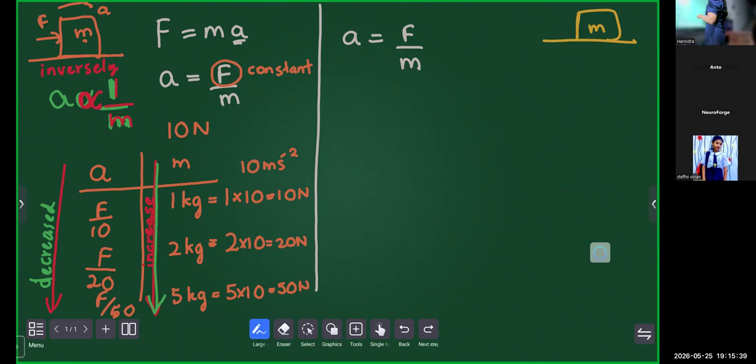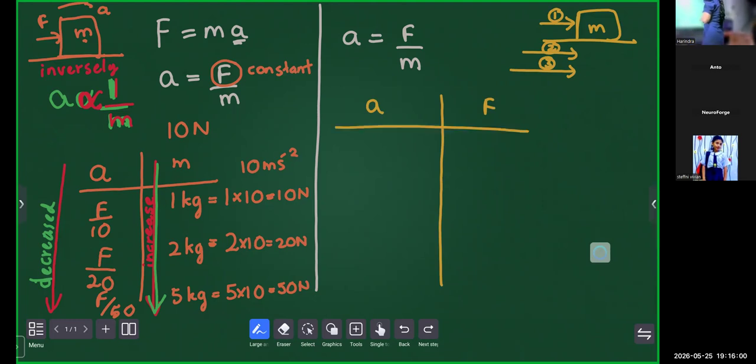But what we are going to do, we apply more forces. First time this much. Second time this much. Third time more force. Likewise, we are increasing the force now. Okay. Let's draw the chart with the acceleration and the force.